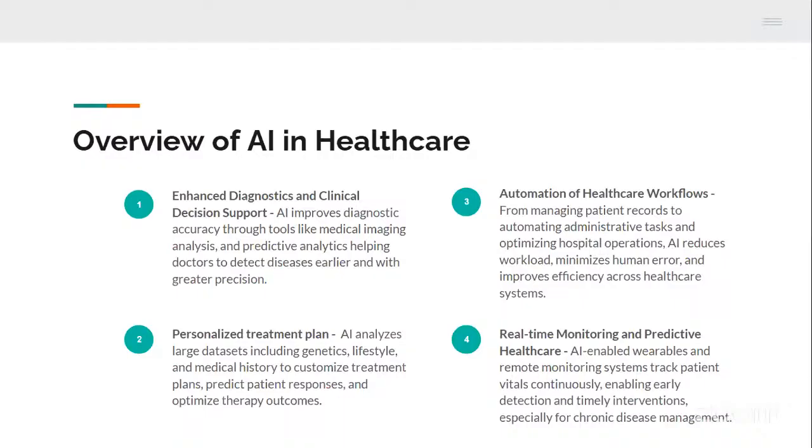When a heart surgery or a dental surgery is done, they are both related. When dental surgery is done, dentists generally check the heart rate and blood rate. All this comes under a personalized treatment plan. If there is an AI there, we don't need to do so many background checks, so it reduces a large amount of time. Next is real-time monitoring and predictive healthcare. This was explained in detail in the last session. Also, we will see some of it in the next slide.